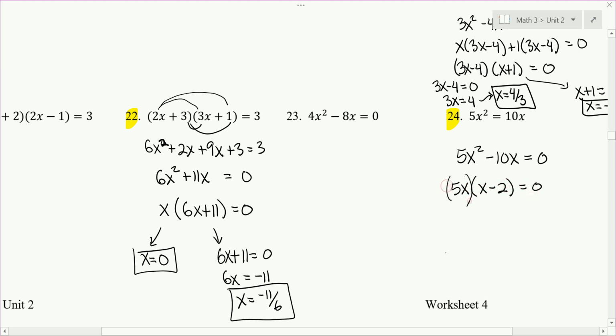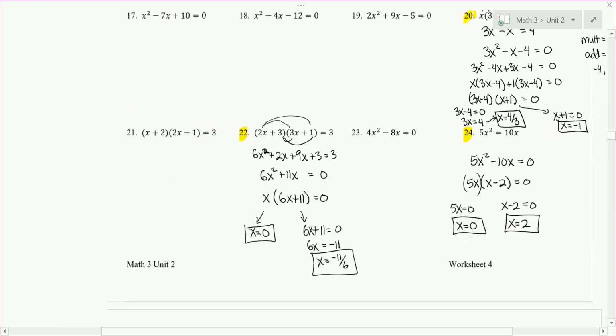So we got two factors here. Set 5x equal to 0, set x minus 2 equal to 0, and solve. Divide by 5 on the first and get x is 0. Add 2 on the second and get x is 2. Two factors, two answers.